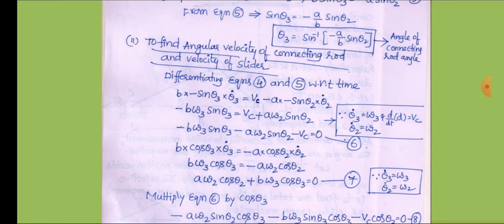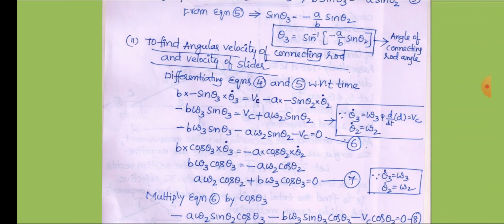If I differentiate the displacement of the slider with respect to time, I am going to get velocity. But what is our notation of velocity? Vc. Minus as it is, then A as it is. I am going to write now cos theta 2; differentiation of cos theta 2 is minus sin theta 2 into d by dt of theta 2, that is theta 2 dash.